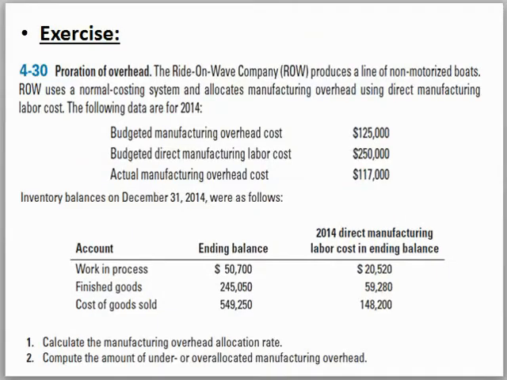Let's solve this exercise, 4-30. Proration of overhead. The Ride-on Wave Company produces a line of non-motorized boats. It uses a normal costing system and allocates manufacturing overhead using direct manufacturing labor cost.